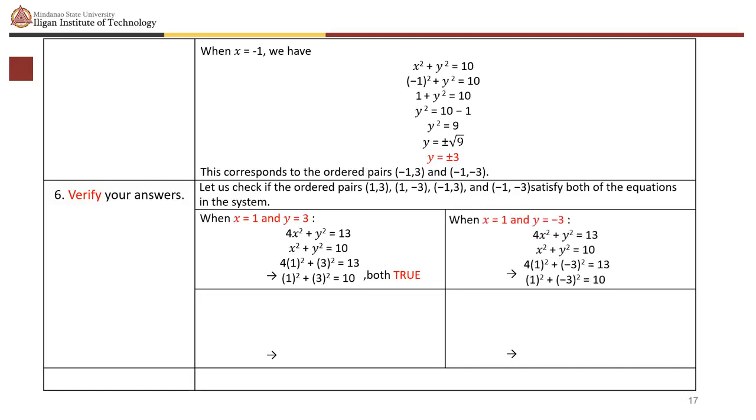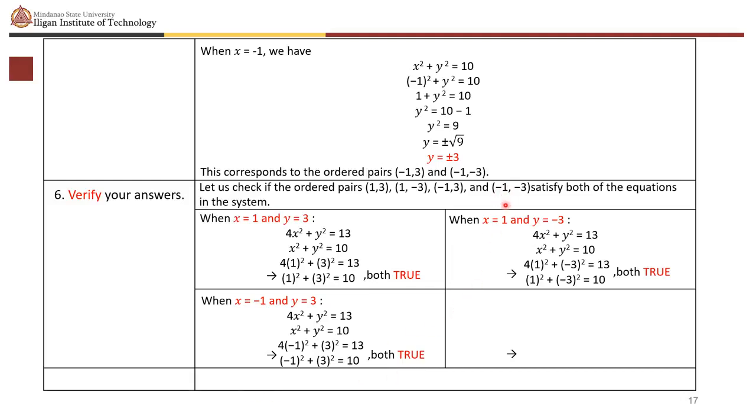Similarly, when x is equal to 1 and y is equal to negative 3, it will give us true values. And when x is equal to negative 1 and y is 3, again, this comes up to be true.